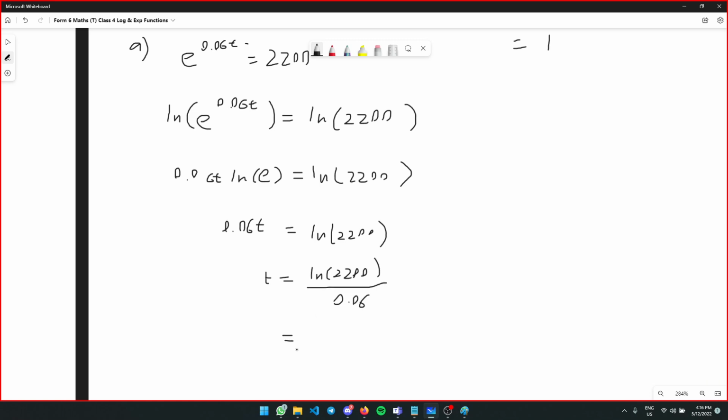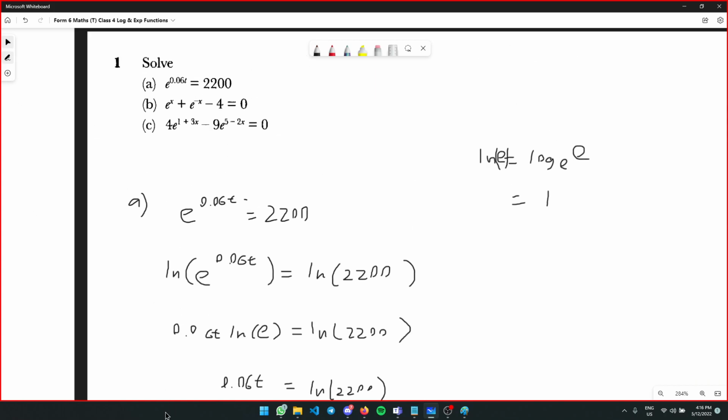What will be the final answer here? I think it should be around 128.27. This answer is given to 5 significant figures.